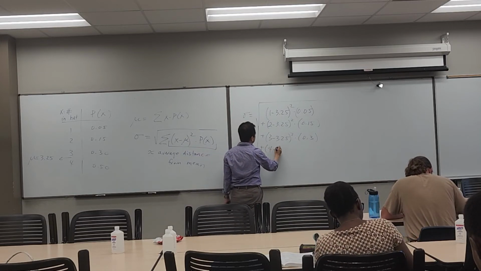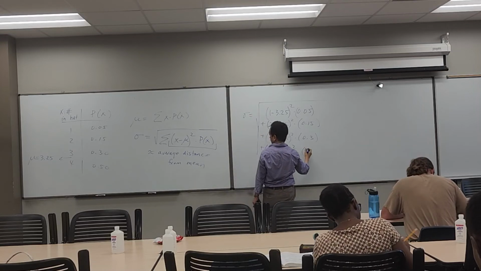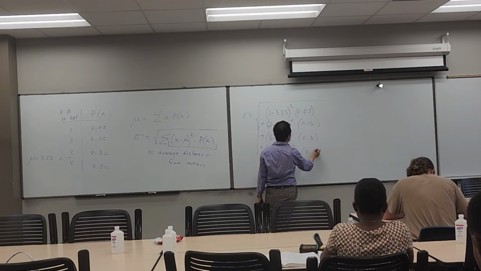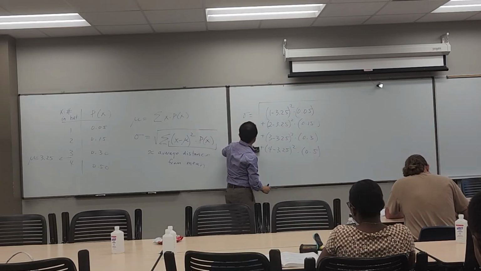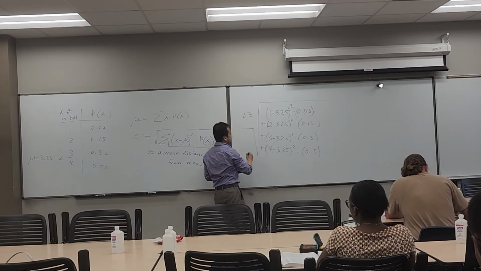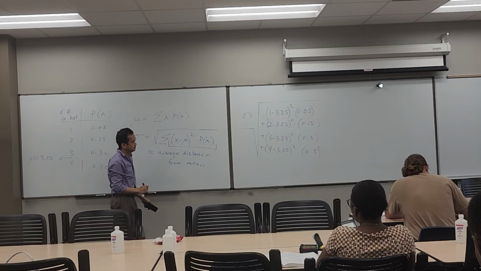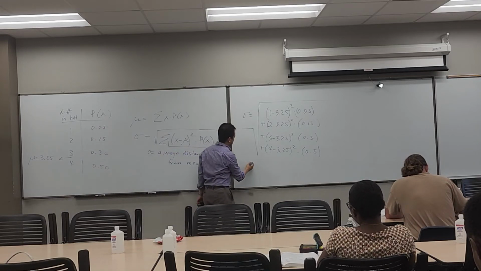And then last row. So we want to add those all up and then take the square root of everything. So go ahead and try that. Let us know what you get.